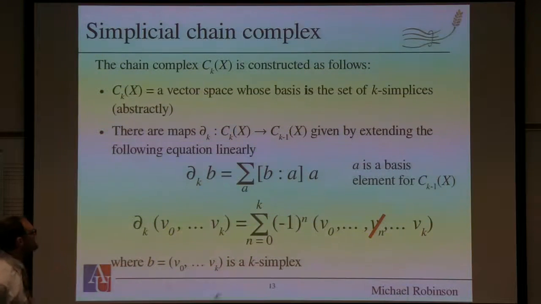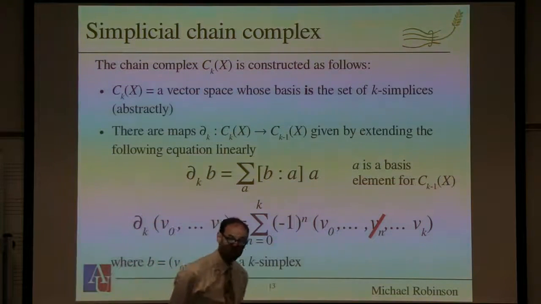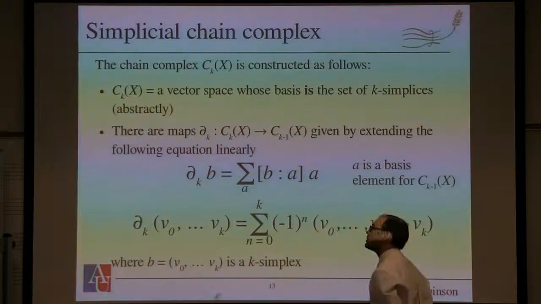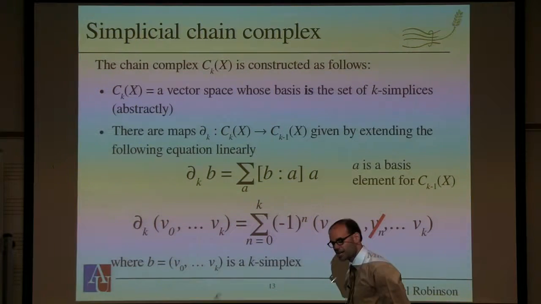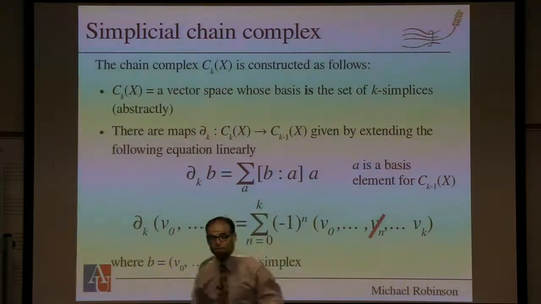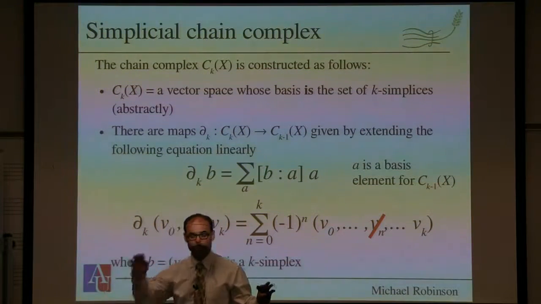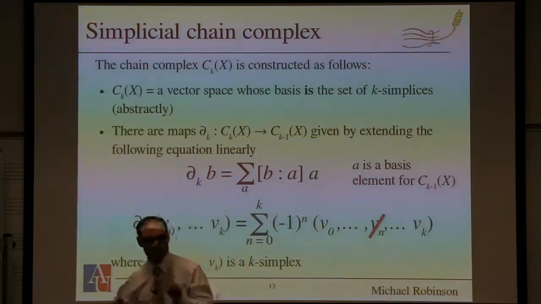It's a vector space whose basis is the set of k simplices, abstractly, in this categorification way that we talked about in the previous lecture. So as a result, the dimension of Ck is equal to the cardinality of the set of k simplices. Great, OK. So that, right on the face of it, takes care of the fact that we're going to link up the chain complex, the alternating sum of those dimensions, is going to be exactly that Euler characteristic. So we've got that taken care of.